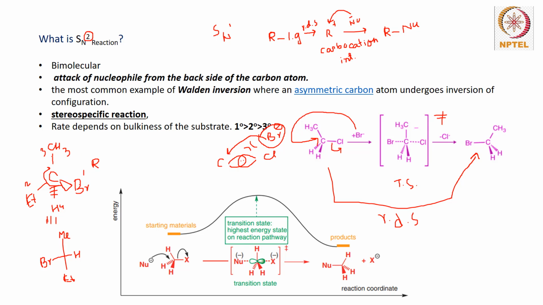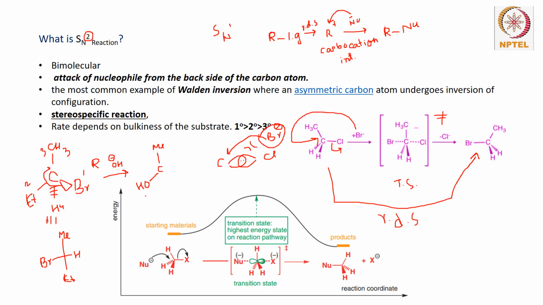Now, if a nucleophile attacks this position, the nucleophile will attack from this side and go to this position. Suppose the nucleophile is OH. It's a hypothetical situation.